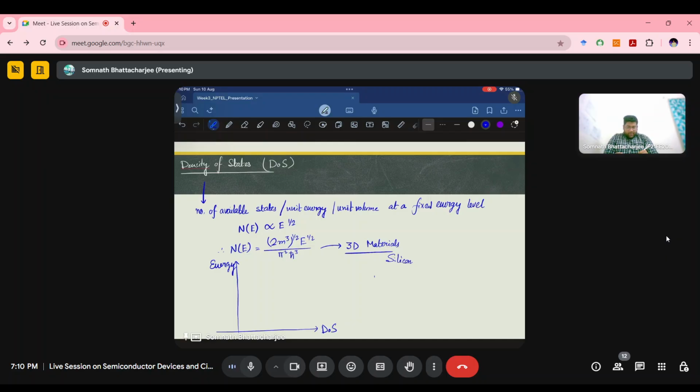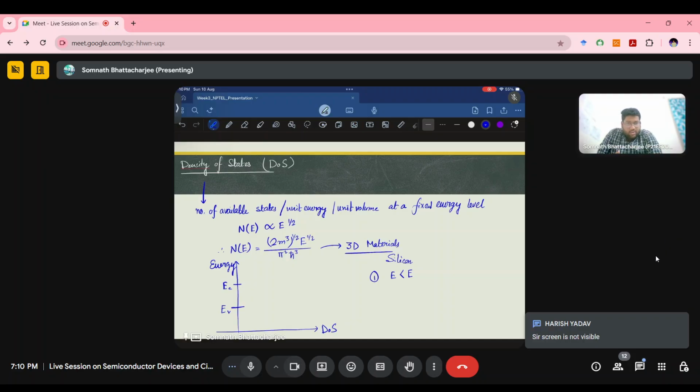The first is the case where the energy is less than the value of EC. So this is the value of EC, the energy value of the conduction band, and EV.